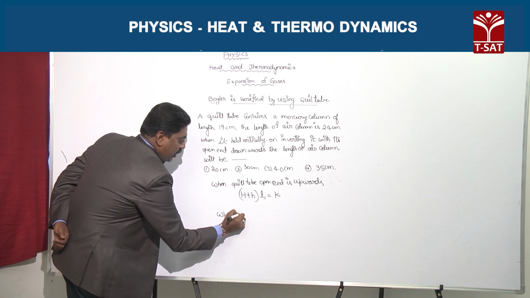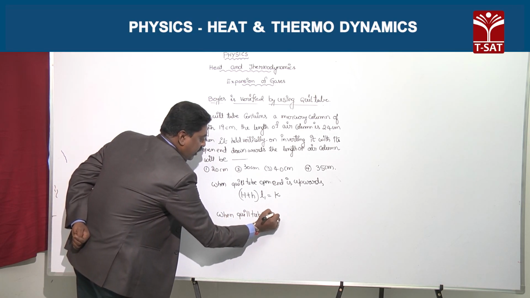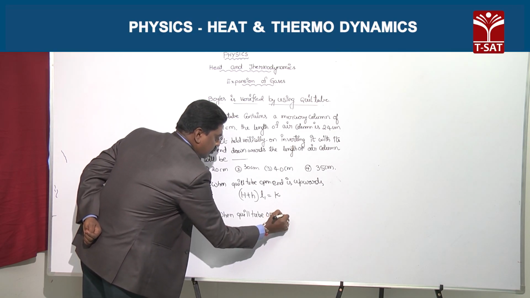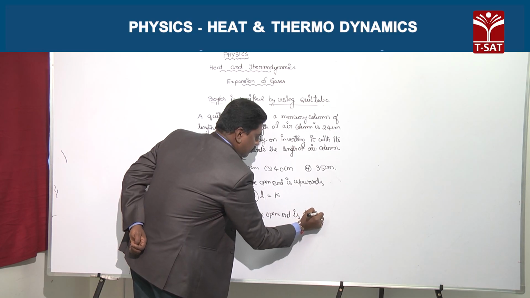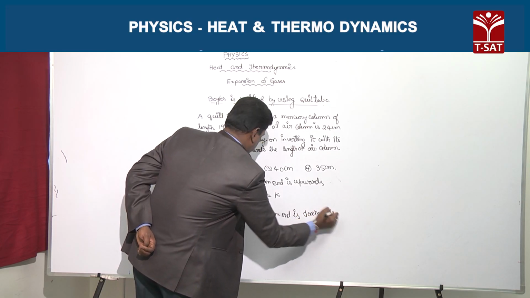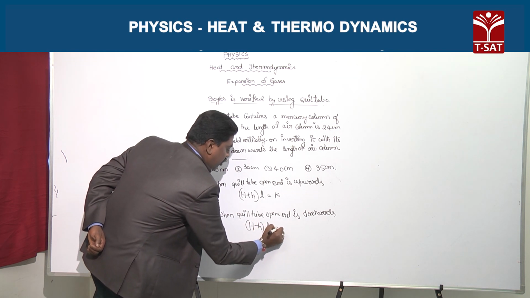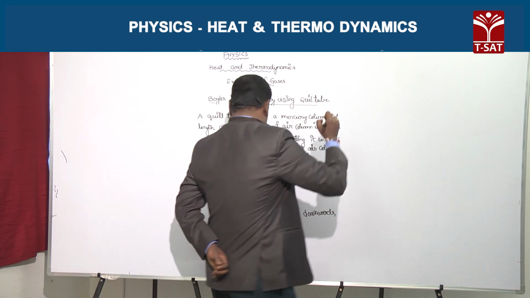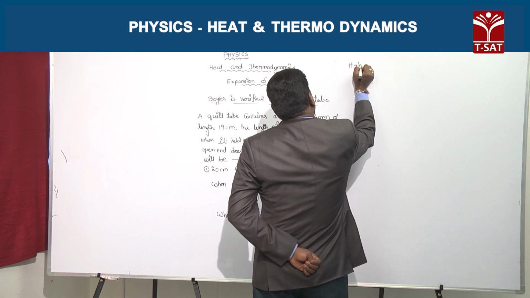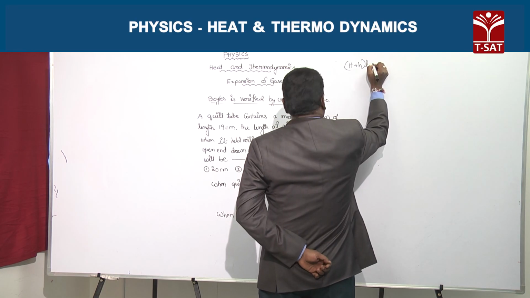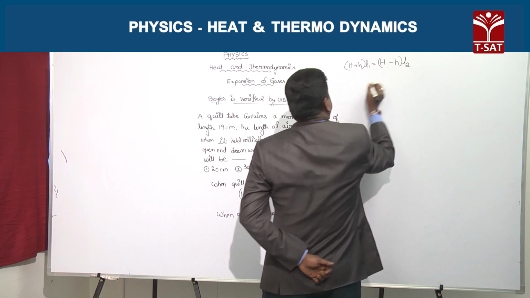When the quill tube's open end is downwards, we have H minus h into L2 equal to constant. From Boyle's law, H plus h into L1 is equal to H minus h into L2.